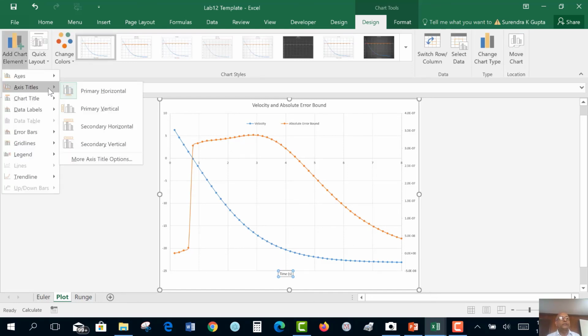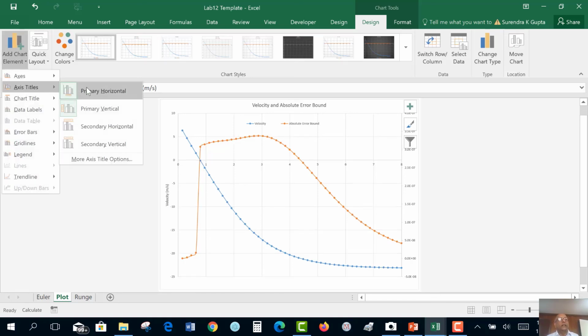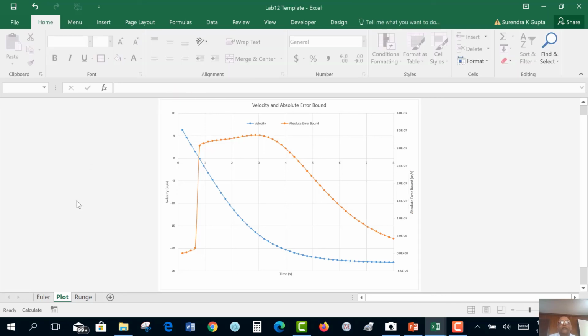Vertical, velocity in meters per second. There is another secondary vertical, absolute error bound in meters per second. Okay, folks, that's all there is to it.